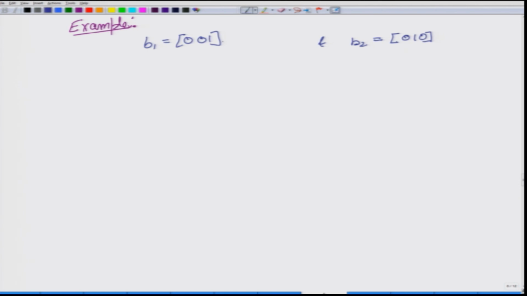So, now you have to describe the intersection of these edge dislocations. Let us for the sake of simplicity say that these are two edge dislocations, one is 0 0 1, another is 0 1 0.